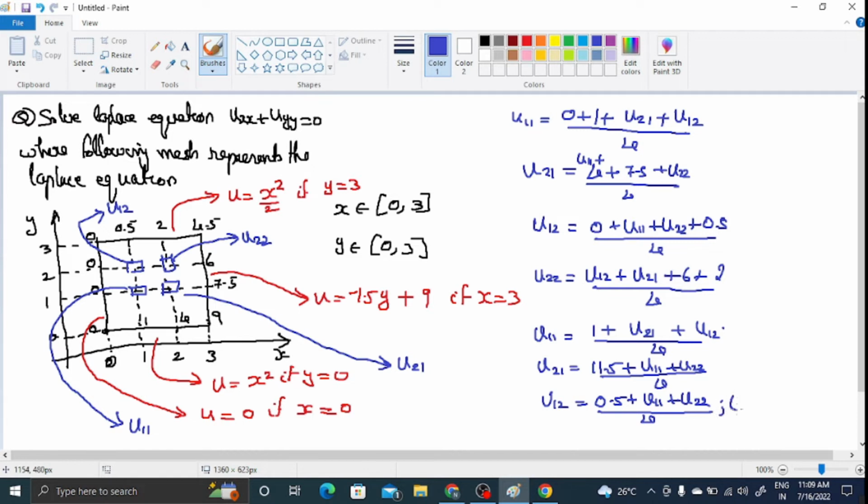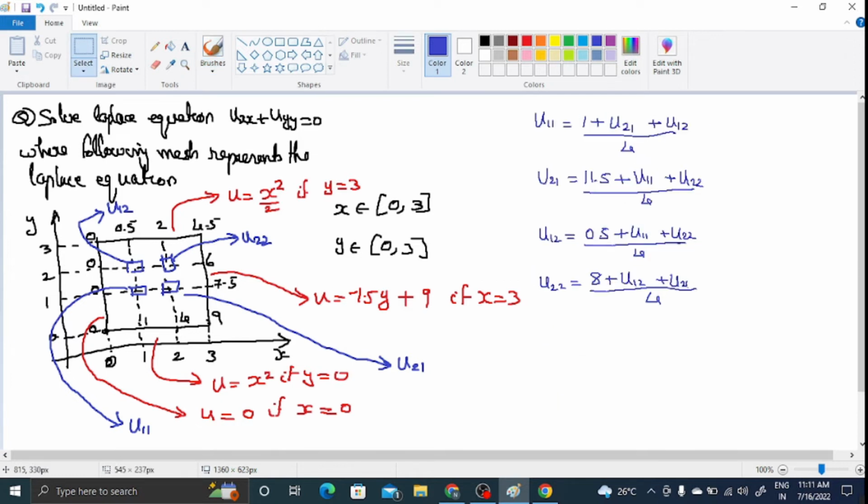The last equation is u22, where the constant is 6 plus 2, that is 8, plus u12 plus u21, divided by 4. So we have 4 equations, u11, u21, u12, u22, and 4 unknown variables. So this is a linear system.